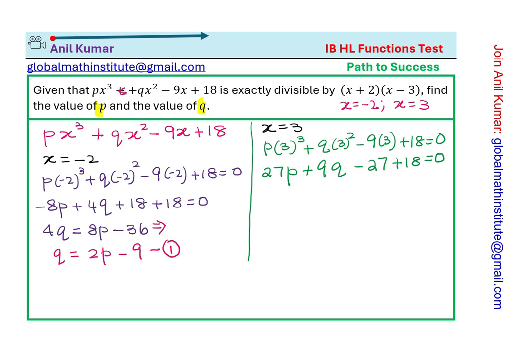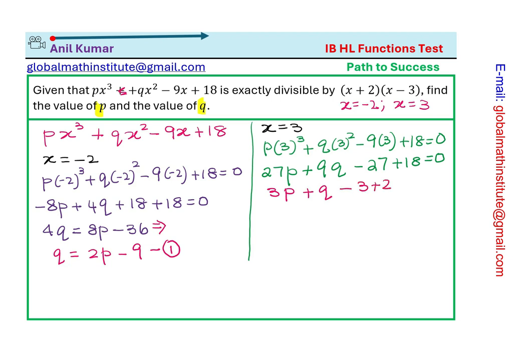Great. So here we can divide each and every term with 9. Let's do that first, right? So I'm dividing each and every term by 9. So we get 3p, dividing by 9 will give me q, minus 27, 9 times 3 and 9 times 2. Right? Let's keep it simple. Great.